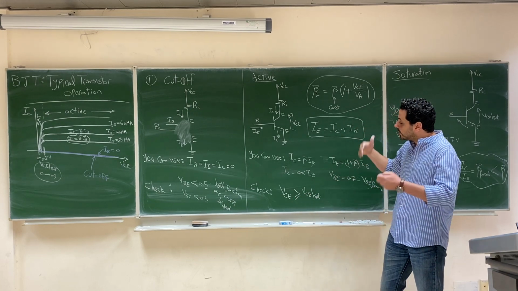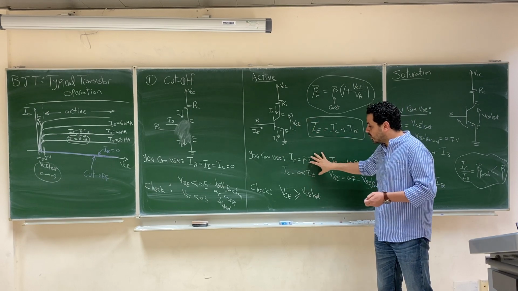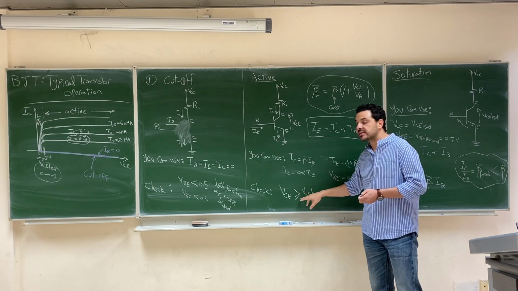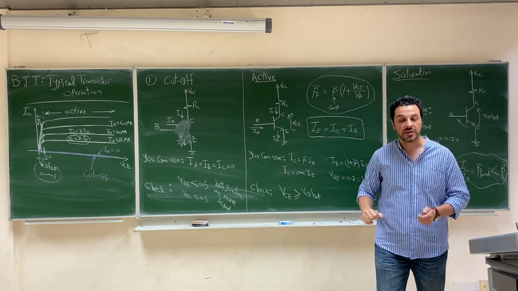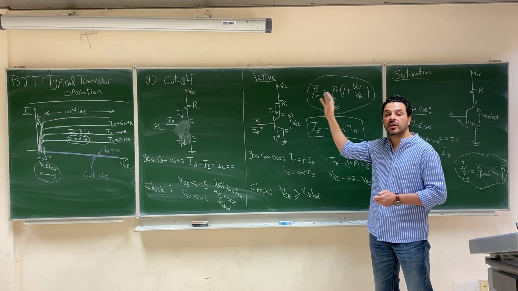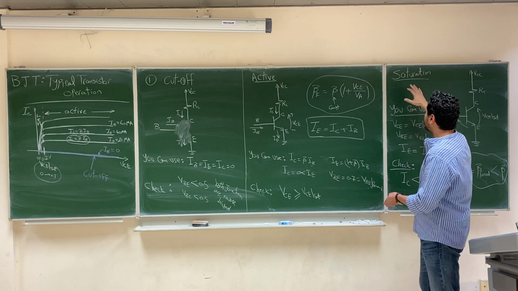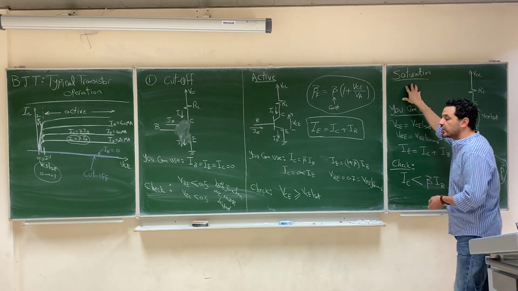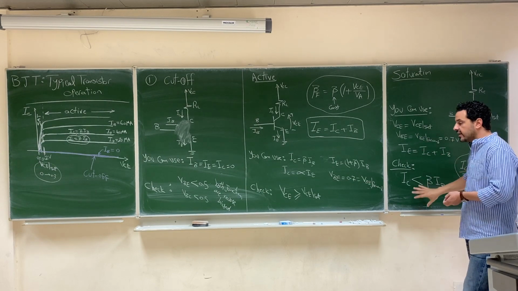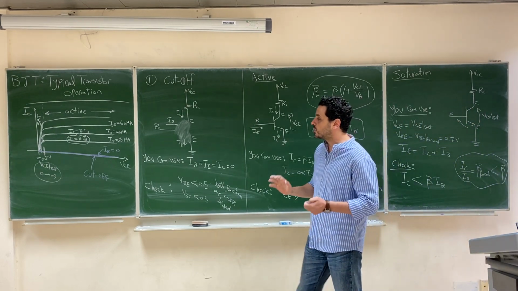Imagine that after assuming active and solving the problem, you found that VCE is less than VCE saturation. Then you know that your assumption was wrong. It was not correct, and you have to change your assumption. For example, you assume saturation, and then you solve the problem again using these equations, and then you check again to make sure that you are in the saturation region, and so on.